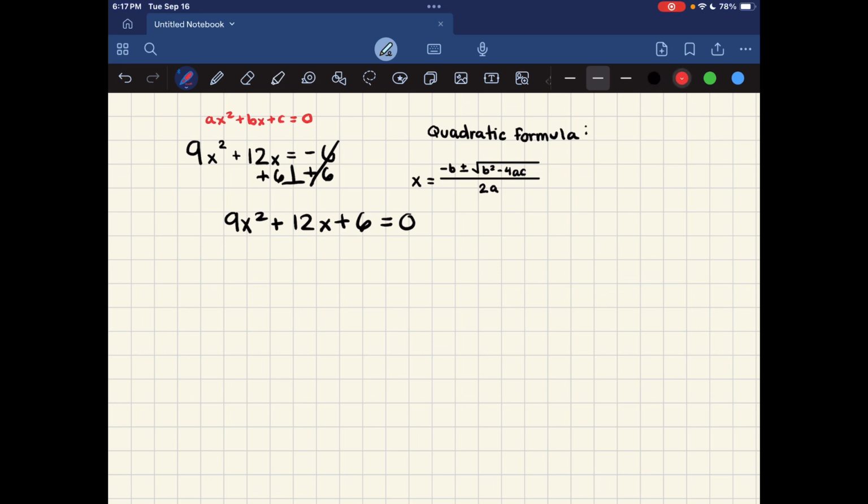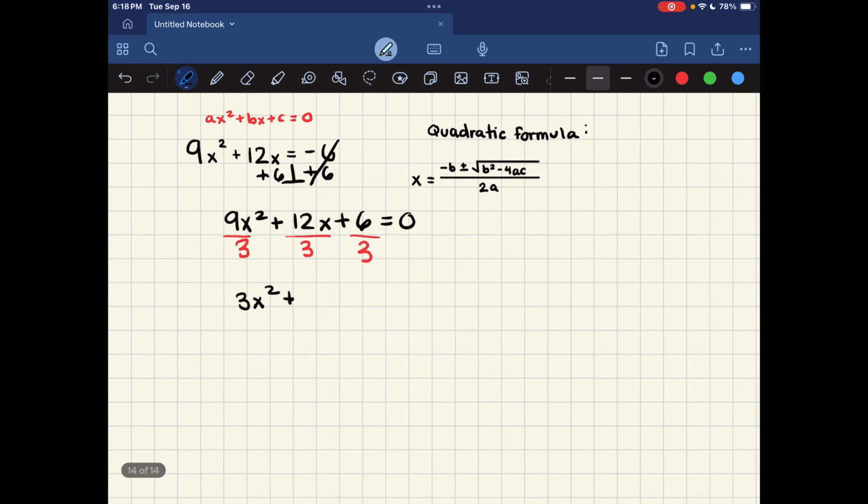So we're just dividing all these numbers by 3. 9 divided by 3 is 3x squared. 12 divided by 3 is plus 4x. And 6 divided by 3 is 2, equals 0. We keep the variables the same.